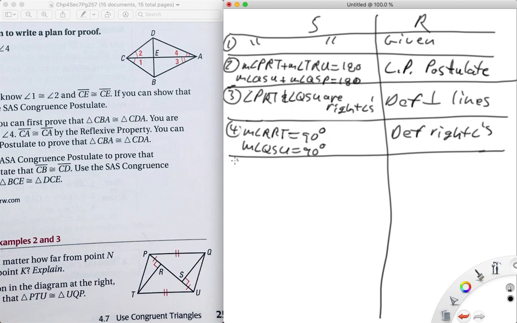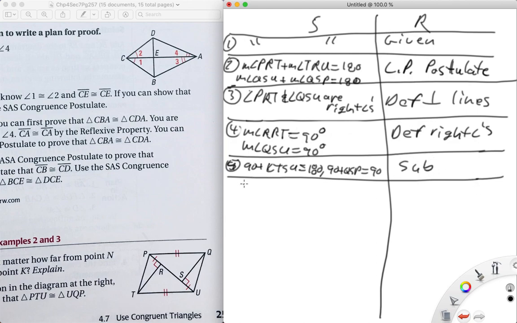Then I can substitute it back into 2 and say, this is 90 plus TSU equals 180. And then 90 plus QSP equals 180, trying to save space, because this is going to be super long.